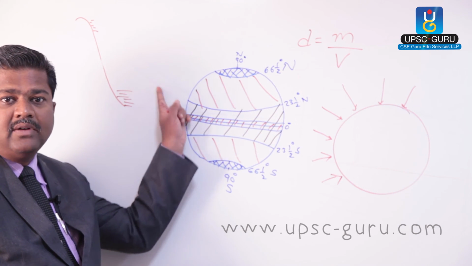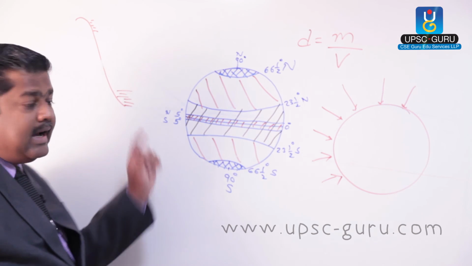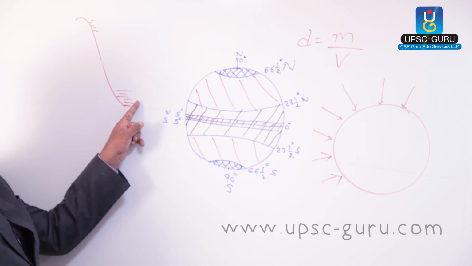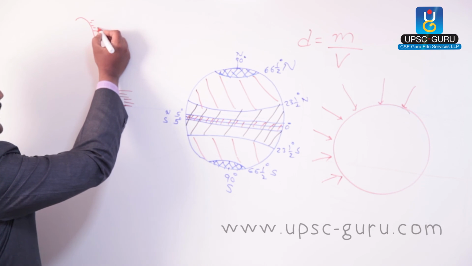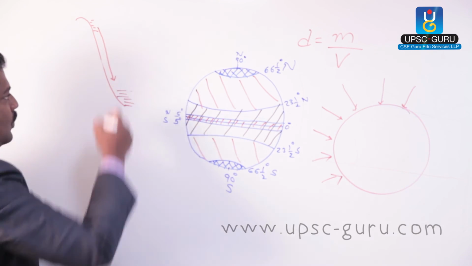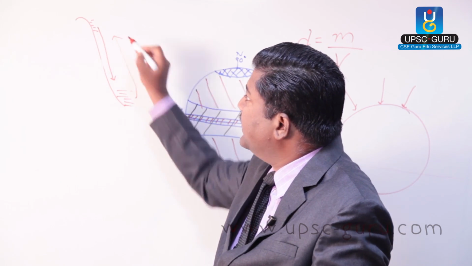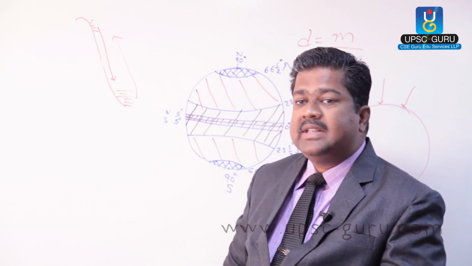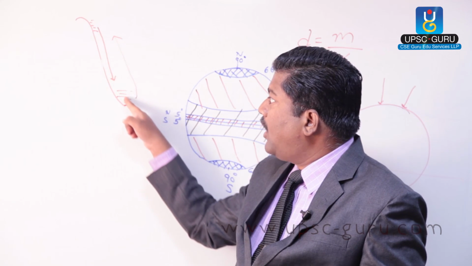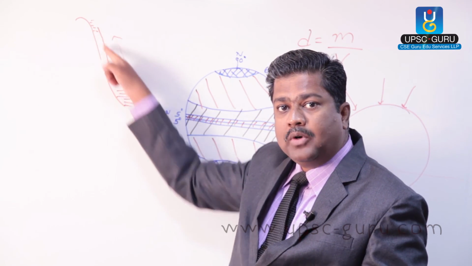Why? Because it is covered by forest, and that's why the temperature fall is not much, and so this air starts draining out towards the bottom, whereas this air is replaced here. So this is the drainage of cold air from top to bottom.